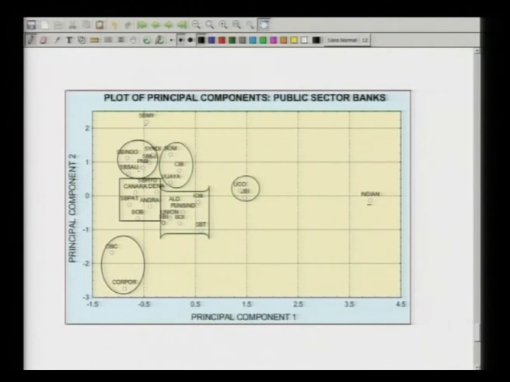Here we have a group of Canara, Dena, Bank of Baroda, Andhra Bank, and again a small group here for the OBC and the Corporation Bank, and Vijaya, Central Bank and one other forming a group here, and these are mainly the SBI group, the SBI Saurashtra, and then we have SBI Indore and another one, SBI, this is some other group of the State Bank. So, this is about the public sector banks of India.